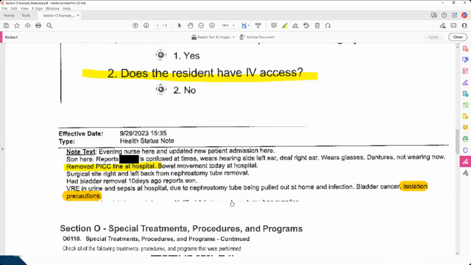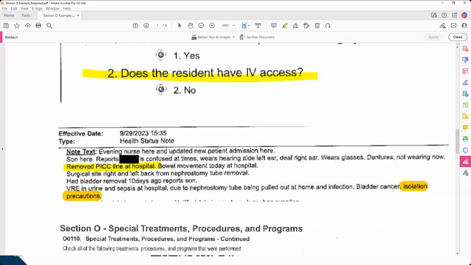If we go down to information that was in a health status note, they say that the PICC line that the patient had was removed in the hospital. So we found no other information, no IV medication administration records to support any IV medications were provided either.